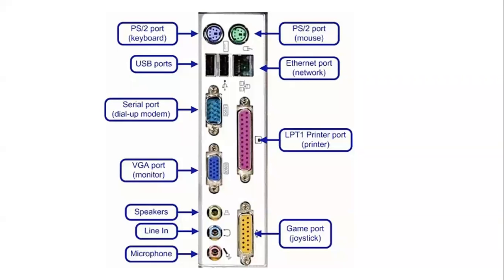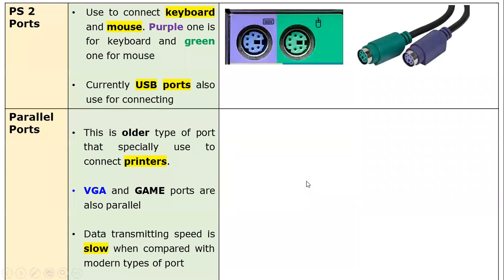Now we'll move one by one in detail. First one, the PS2 port. PS2 ports are allocated for your keyboard or mouse. There is also a color code. The color is always purple for keyboard. This is the port here. The port also has a small keyboard symbol. Remember, purple for keyboard, green for mouse.